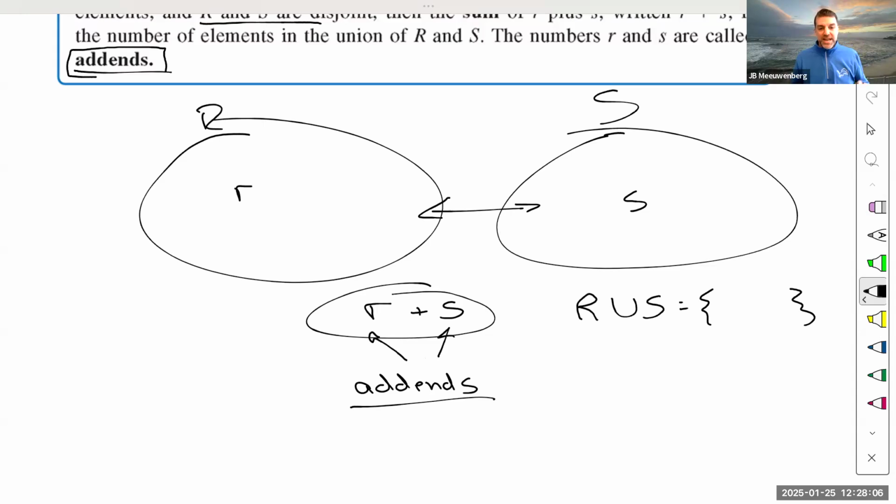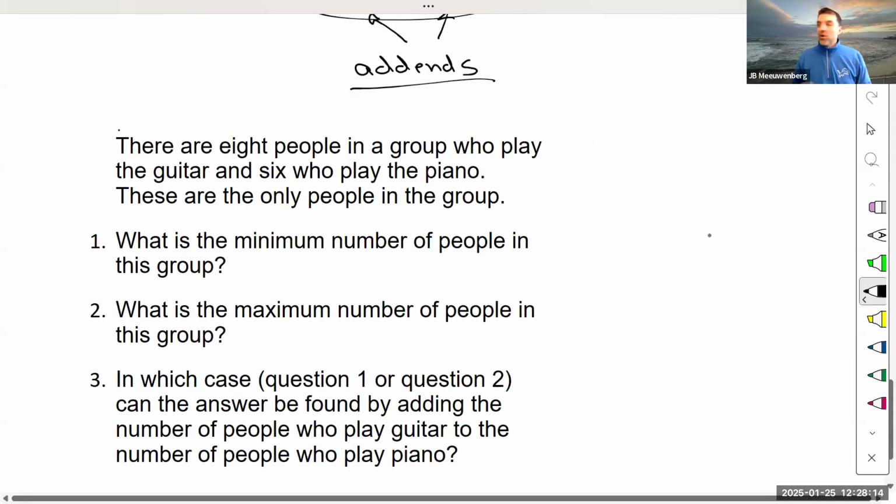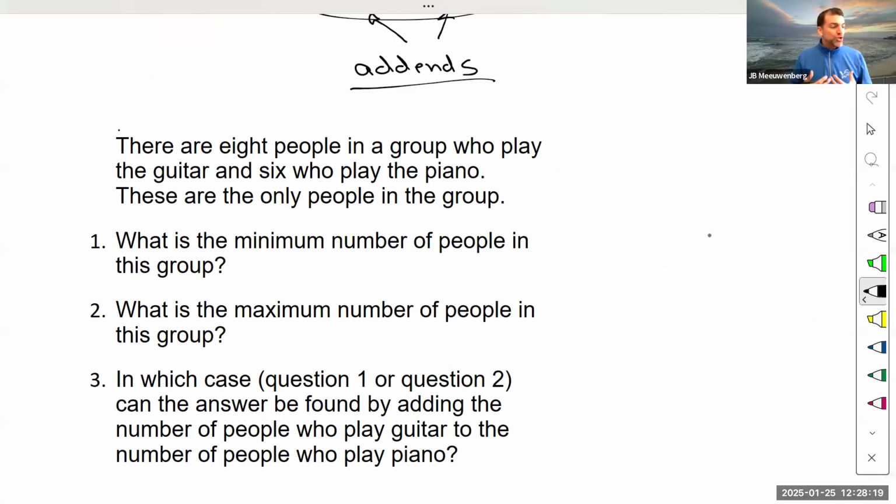We're going to look at a scenario, all right? And to sort of make sense of this, I'm going to read this scenario. There are 8 people in a group who play the guitar and 6 who play the piano. These are the only people in the group. There are 3 questions that I want you to consider.